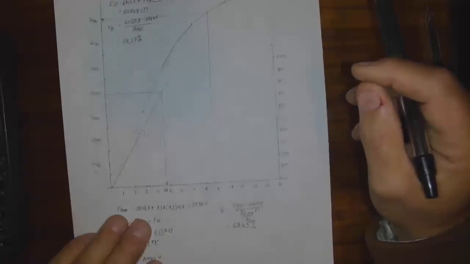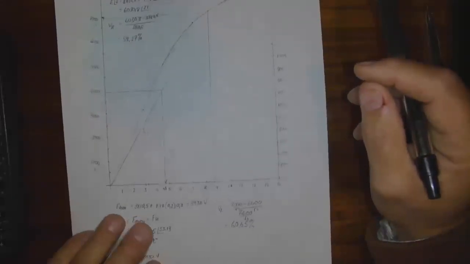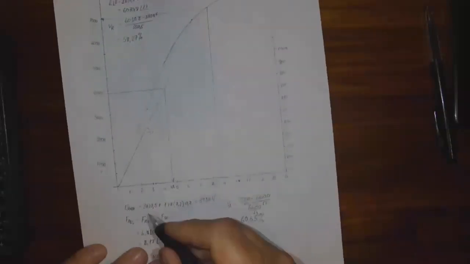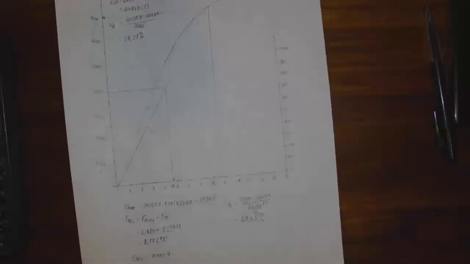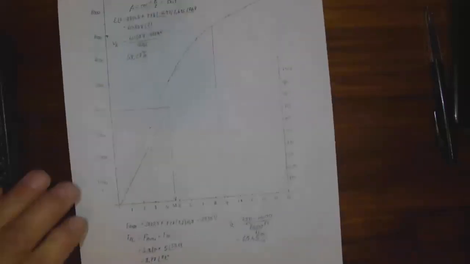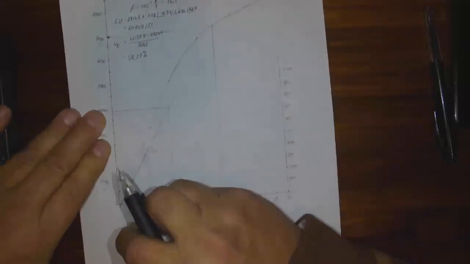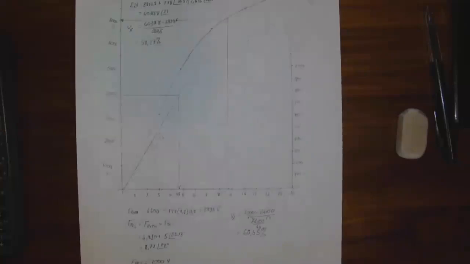It was 7.8. Yeah, wait a second. You see, now I made the same mistake as you guys. I used a phase value here. Sir, you are mixing phase values and line values. No, that was a mistake.